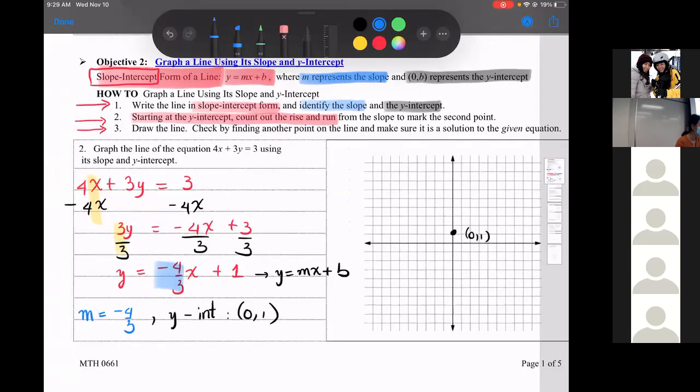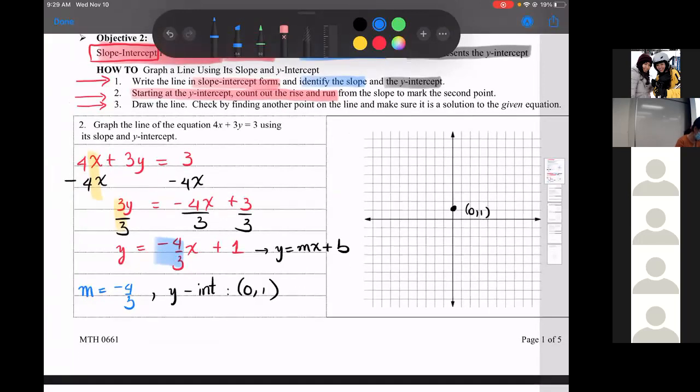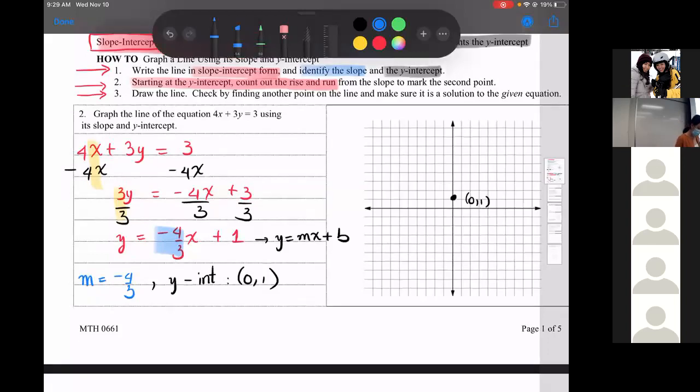That's the y-intercept, right? Yeah, B is 1. So B is your y-intercept, basically. In an equation like this, we always have to do that. Yes.